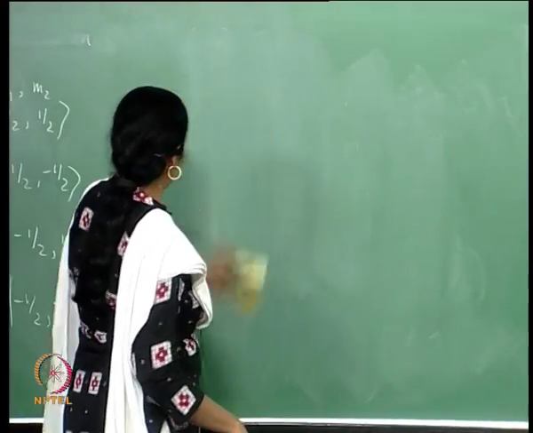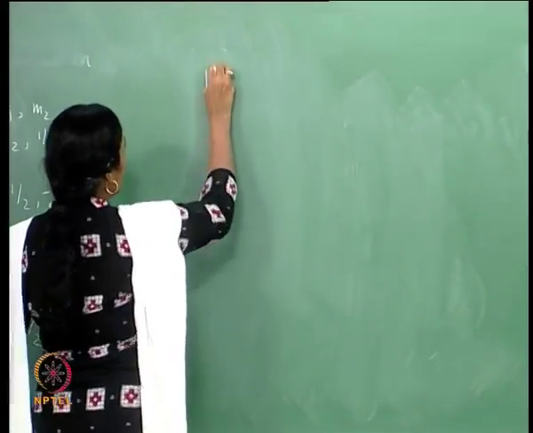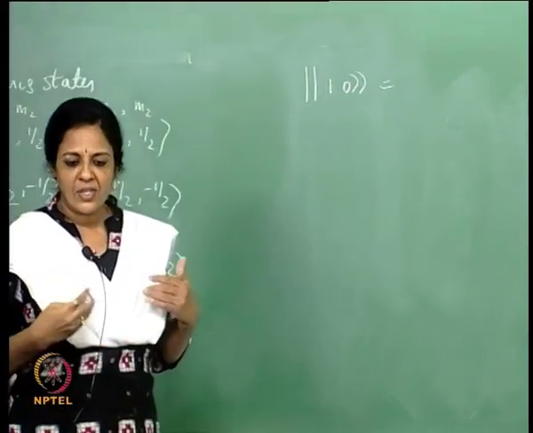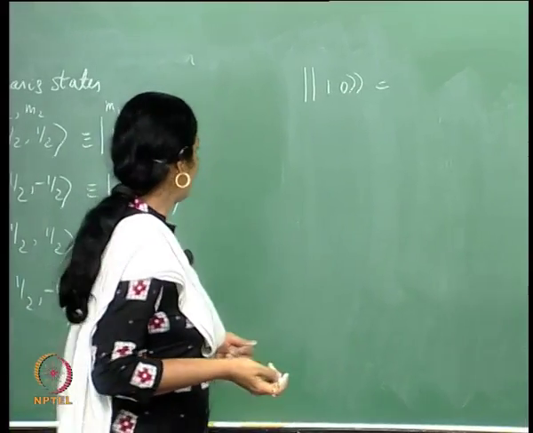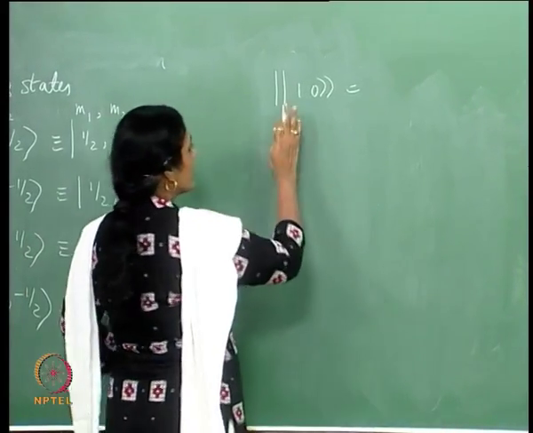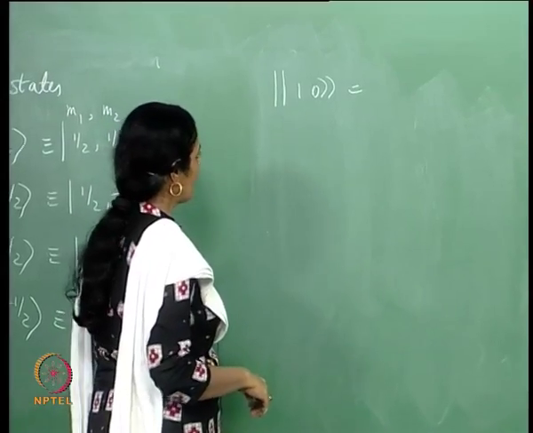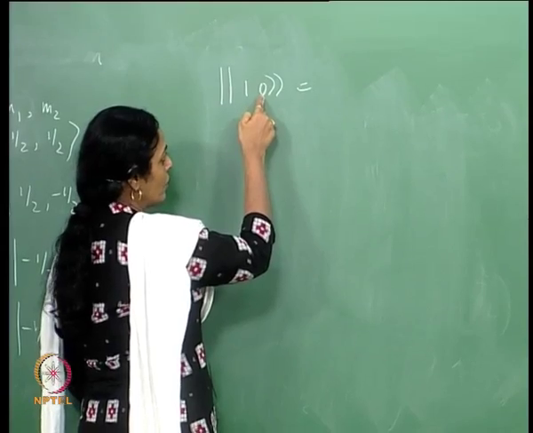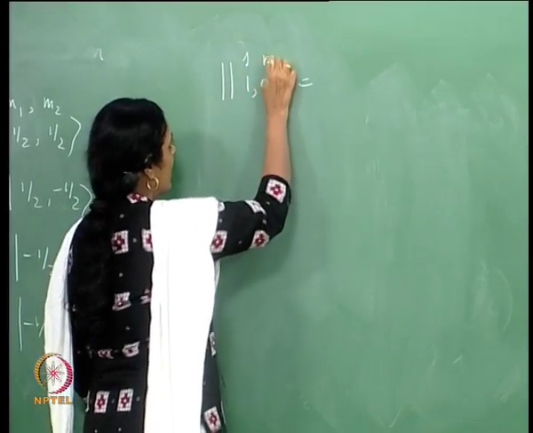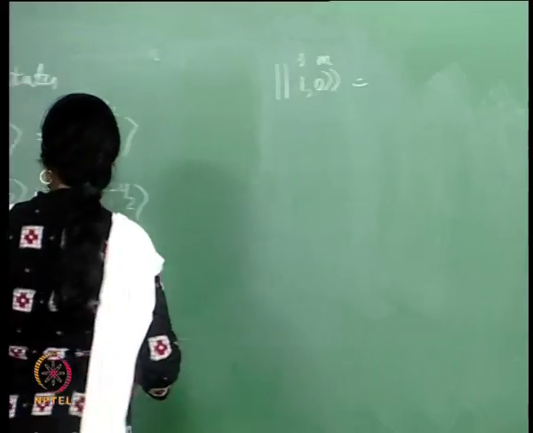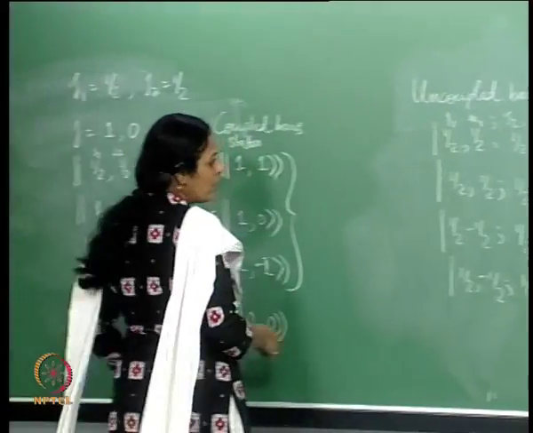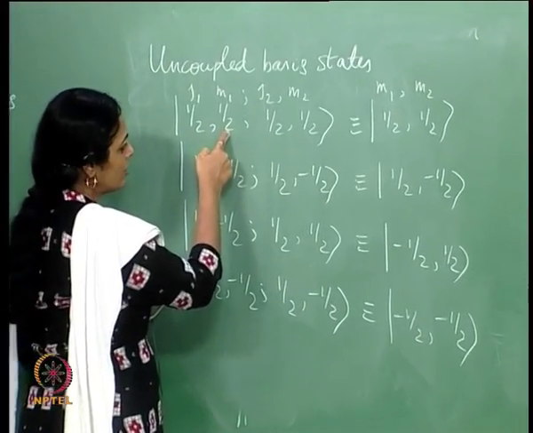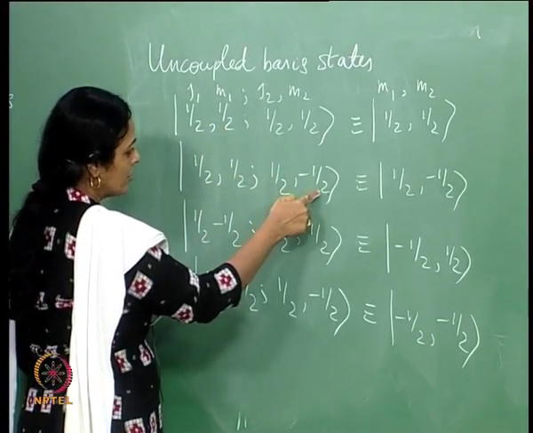So, now let me look at the state 1 0. Well, instead of writing this as 1 0, I could have written this in terms of the uncoupled basis. I would have gotten M equals 0, this is J, this is M, only by using M1 is half and M2 is minus half.